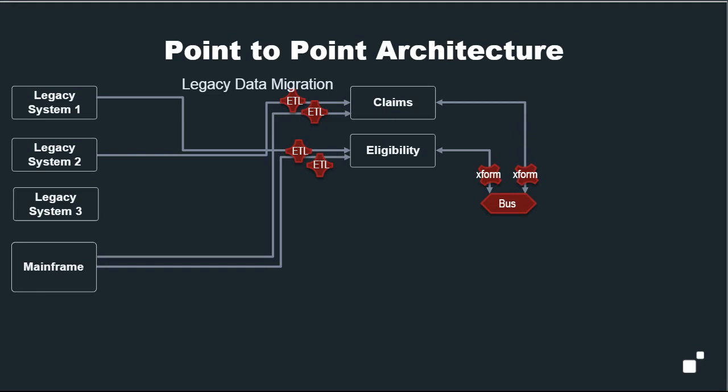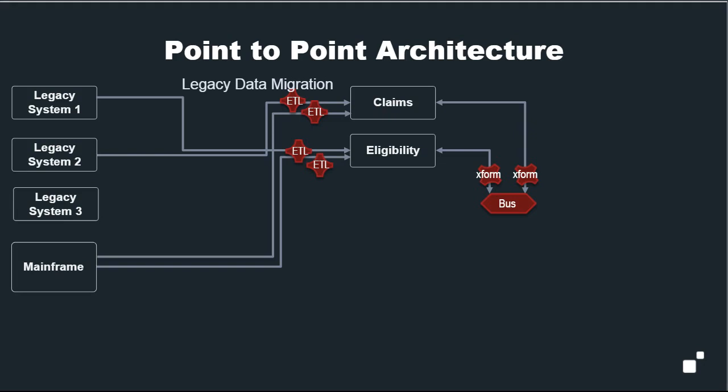On the left, we have ETL that got us from the old world into the new world, and on the right is some kind of ESB or microservice architecture or some kind of API universe that allows these to talk to each other and also keep each other up to date.